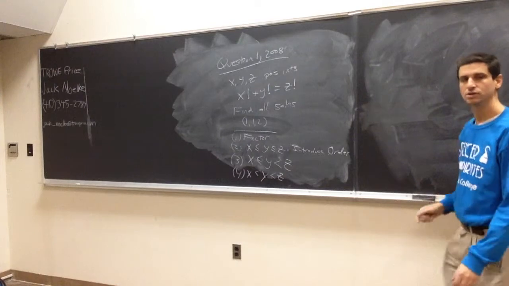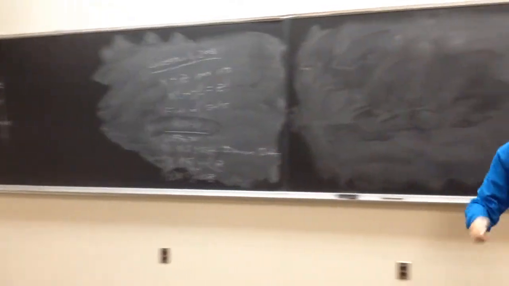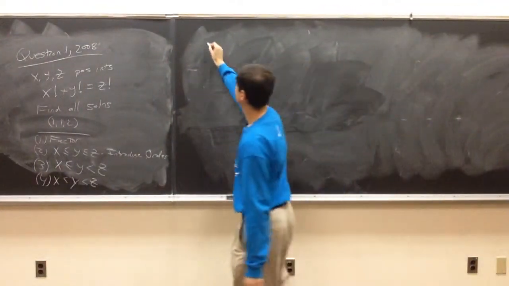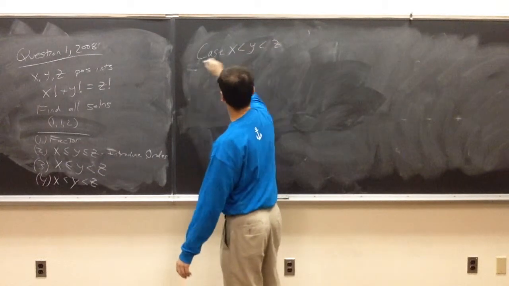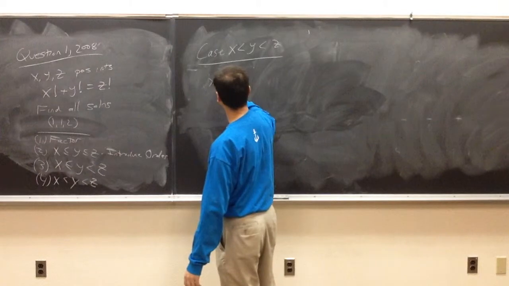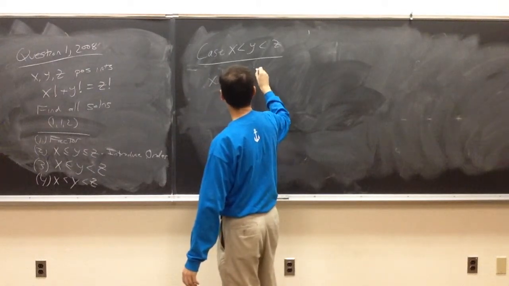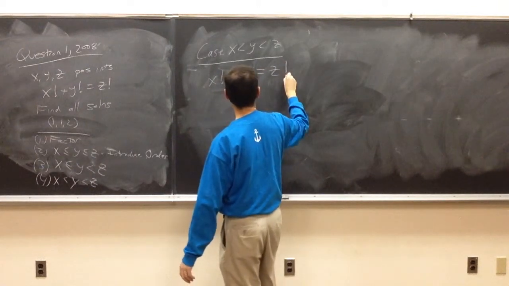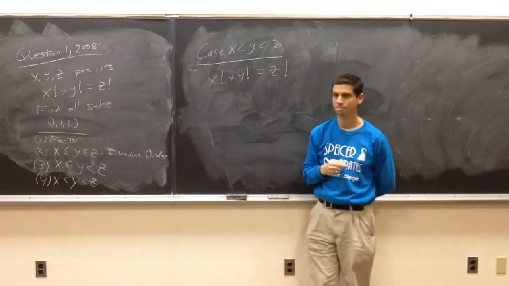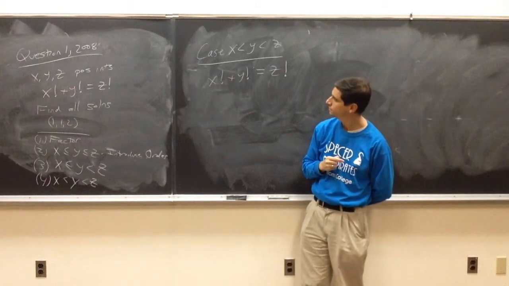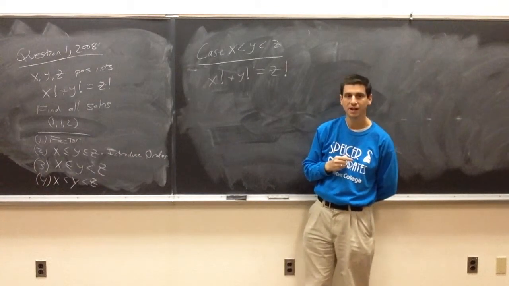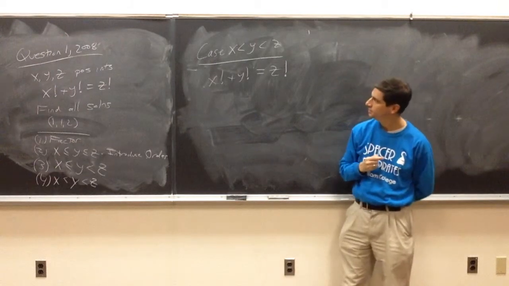So now what we want to do is look at the case x less than y less than z. So we have x factorial plus y factorial equals z factorial. You could divide by x factorial, and then you get 1 plus some stuff multiplied together for y, and for z.